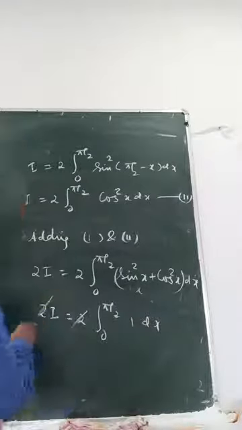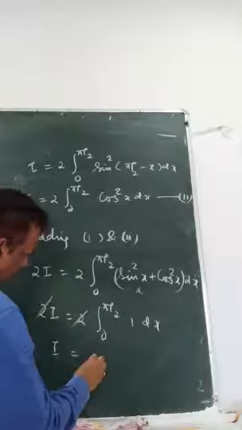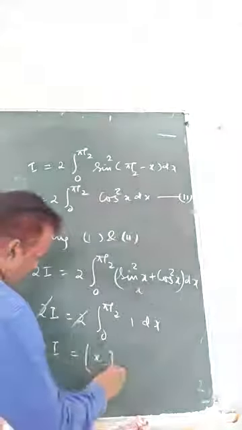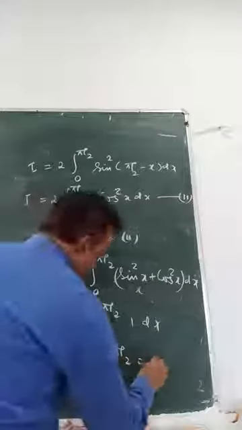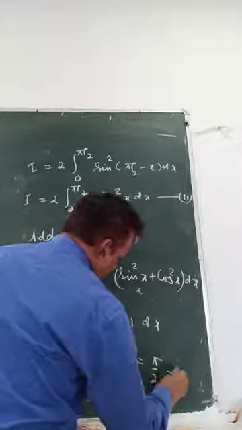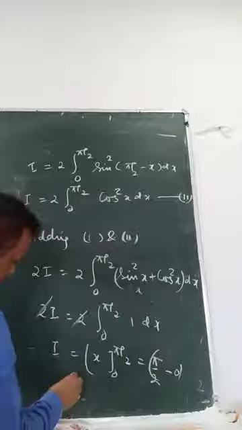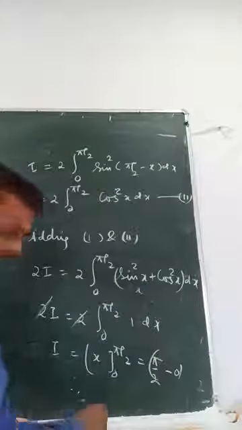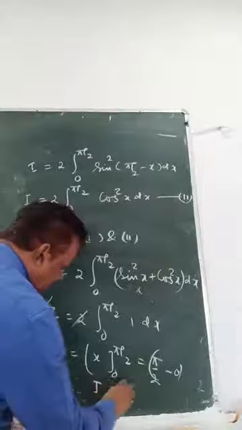This 2 I can cancel. I equals x from 0 to pi by 2. That is pi by 2 minus 0. Therefore I equals pi by 2.